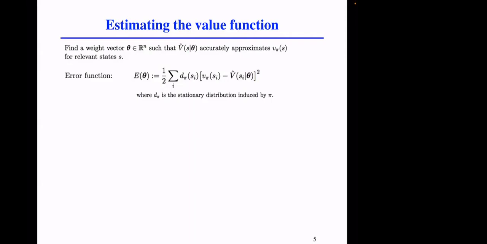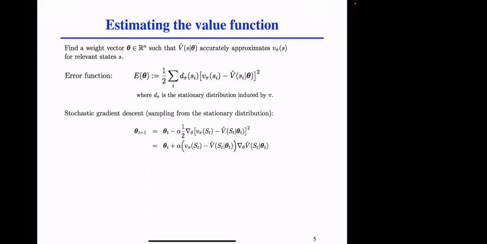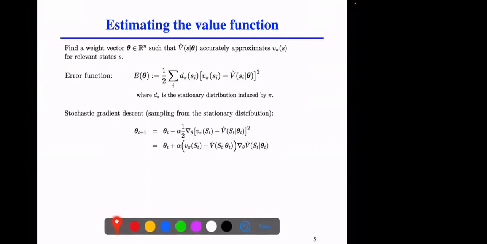This just talks about the prediction problem, and the control problem follows very straightforwardly from that. But we're just talking about the prediction problem for now in this slide. Using this error function, you can then use stochastic gradient descent. If you sample from a stationary distribution, you get the following update equations, which is the form that you probably recognize.